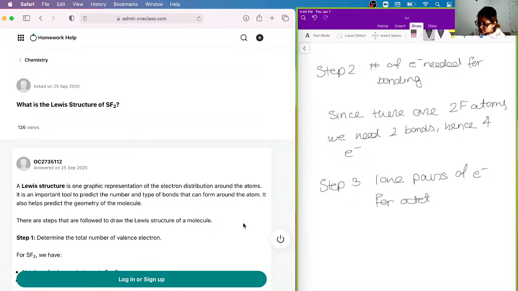So let's count how many lone pairs you would have.